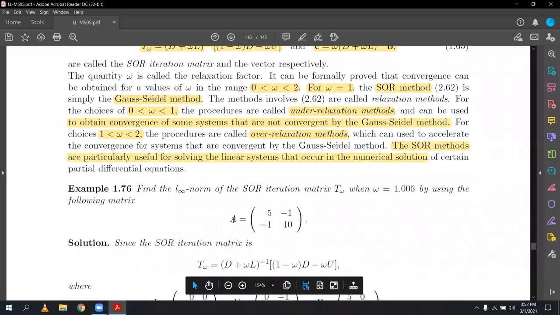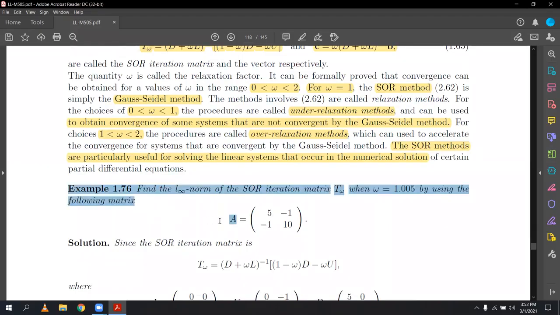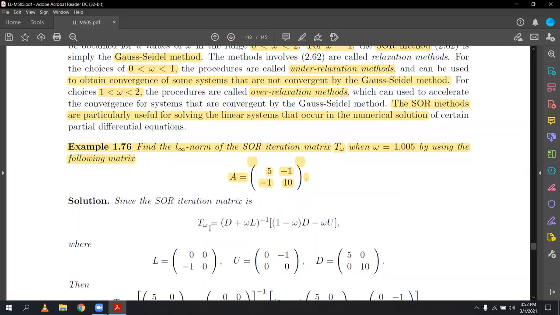This is the example I gave last time in the midterm exam. I say here: find the L infinity norm of the SOR iteration matrix TW, where omega is given by the teacher as 1.005. So you only have to remember this formula, if not a problem.